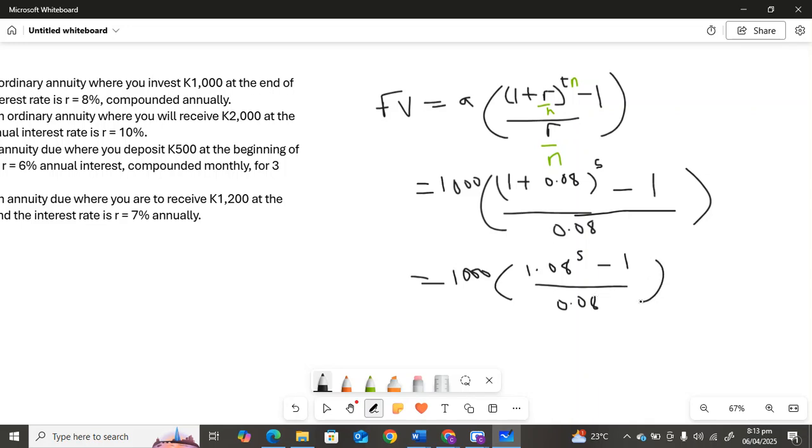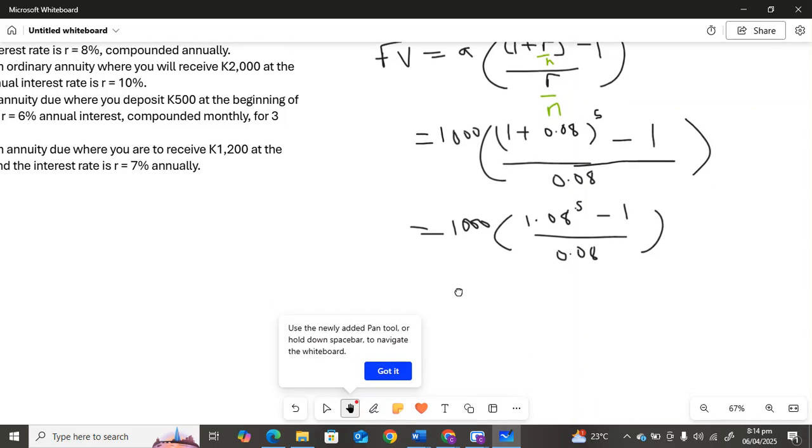Okay, so we find out what 1.08 to the power 5 is. That is 1.469. 1.469 minus 1 gives us 0.469.